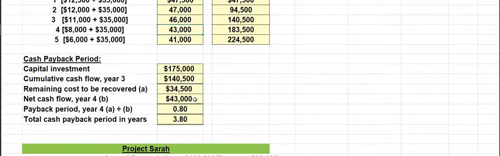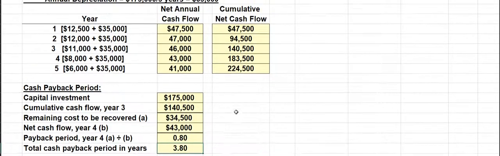And so the amount available in the 4th year is $43,000. And so we divide the amount needed by the amount available, and we will need 80% of that amount in year 4. So the payback then will be 3 years plus 0.80 of the 4th year. So the total will be 3.80 years. 3.80 years is the payback.